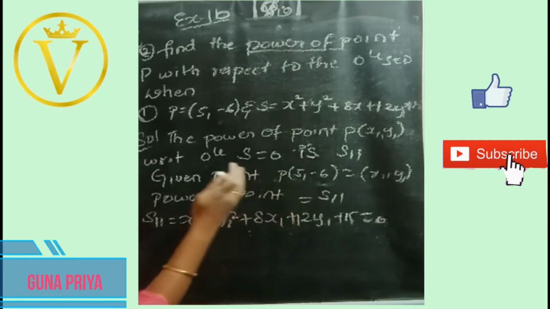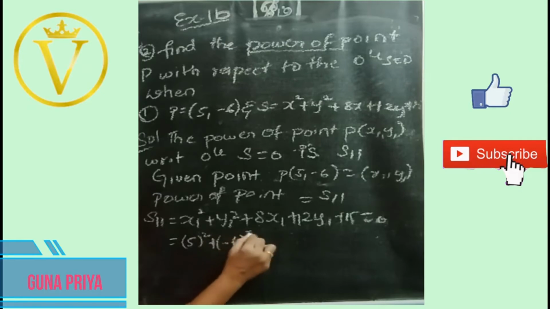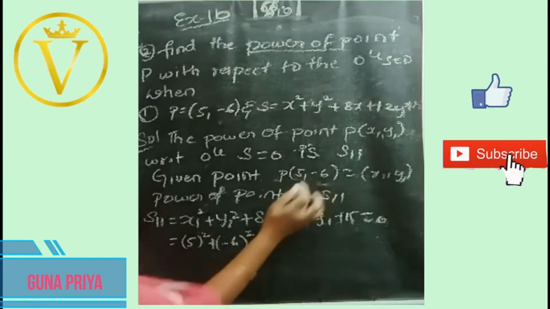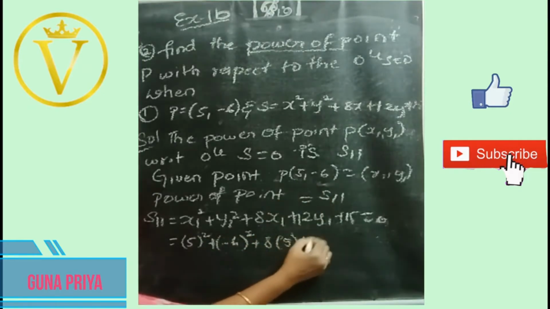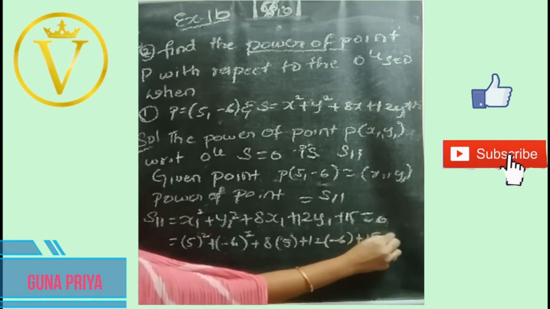Now substitute the point value here. So that is 5 whole square plus minus 6 whole square, plus 8 into 5, minus 12 into minus 6, plus 15.